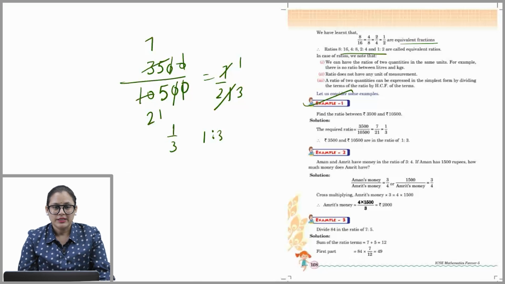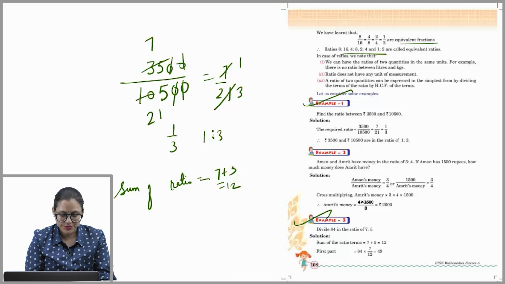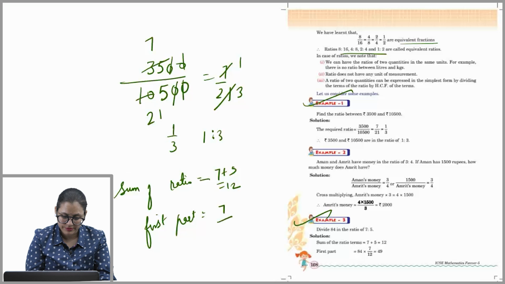Now example 3. Divide 84 in the ratio of 7:5. So first what will we do? We will find the sum of the ratio. Sum of the ratio is 7 plus 5, that is 12. So first part is 7 out of 12 into 84. 12 sevens are 84, so this is 49.